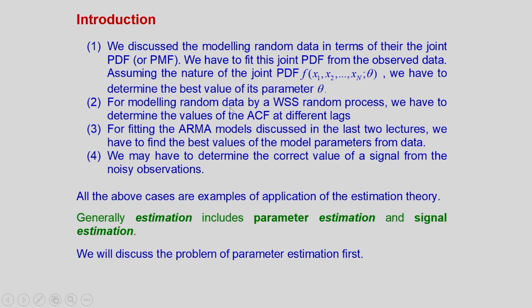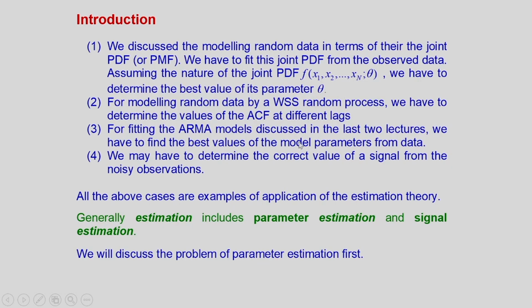For modeling random data by a WSS random process, we have to determine the value of the autocorrelation function at different lags. Therefore, estimation of the autocorrelation function is to be done. For fitting an ARMA model discussed in the last lectures, we have to find the best values of the model parameters from data.